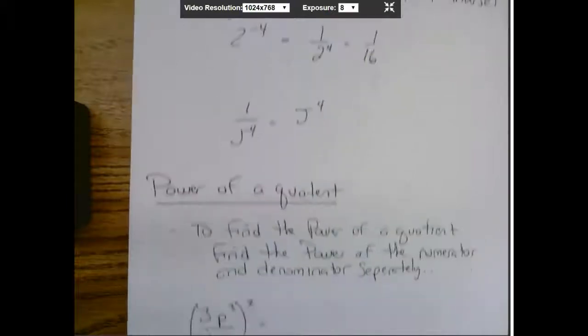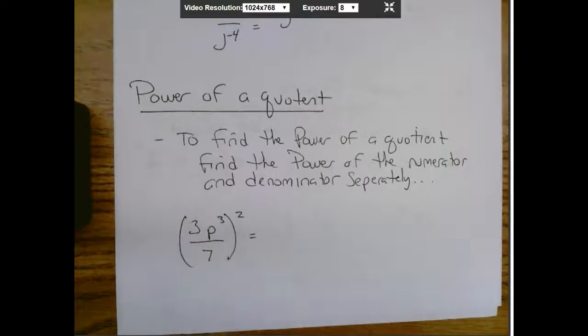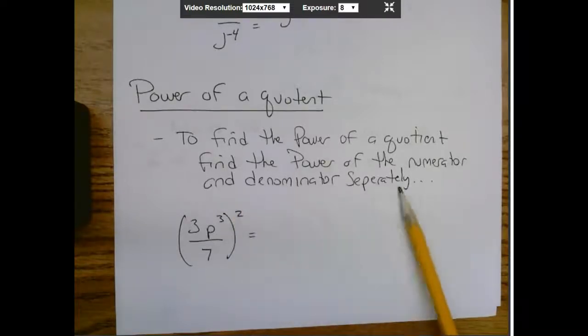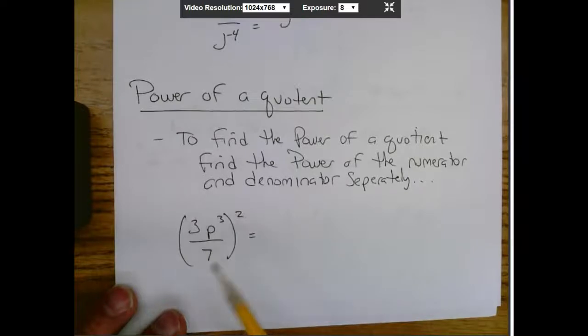And then we have something called the power of a quotient. So let's say we have a fraction, and we have it raised to a power here. So here we have 3p to the third divided by 7. Okay. And the rule here says to find the power of a quotient, find the power of the numerator and the denominator separately. So here we have 3p to the third over 7, and that's to the second power. So we just use the rules, we do one at a time.